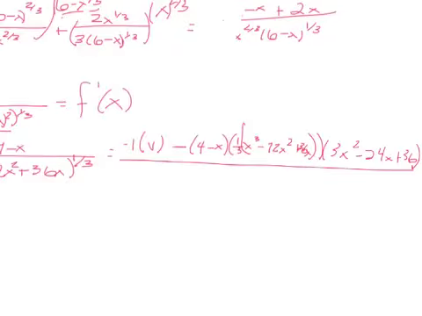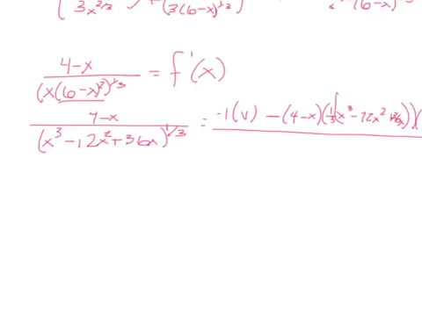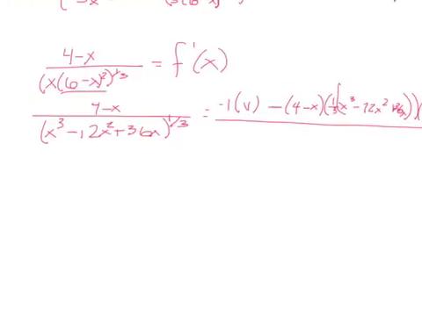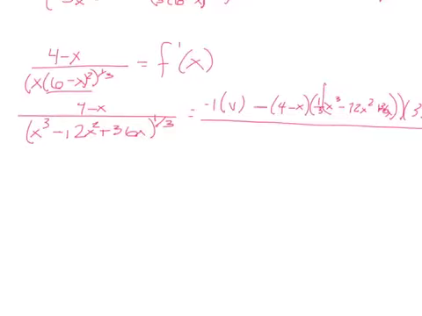That's really awful looking, but I'm trying here. All of that divided by v squared, which would be x times (6 minus x) squared to the 2/3 power, or this here to the 2/3 power.